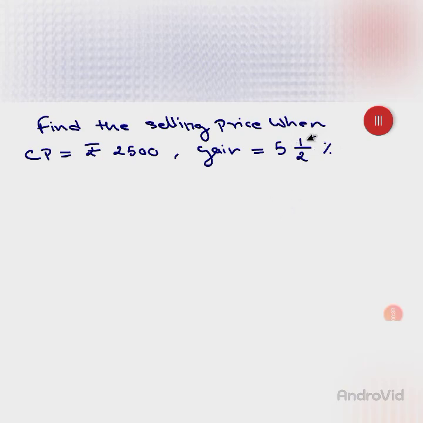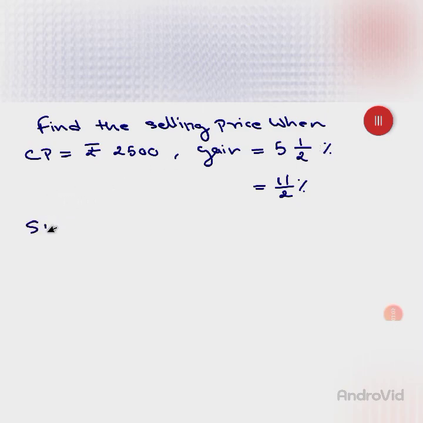Now when we solve this gain mixed fraction, we get 3/2%. Whenever gain percent is given in mixed fraction, we have to convert it into improper fraction.